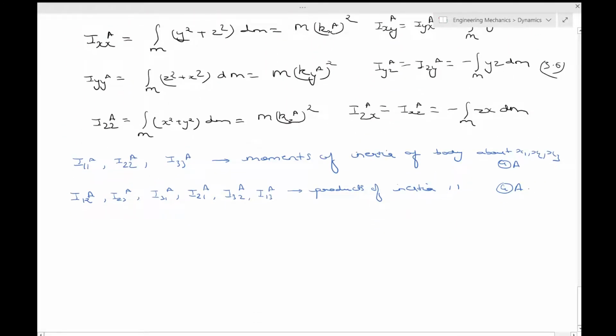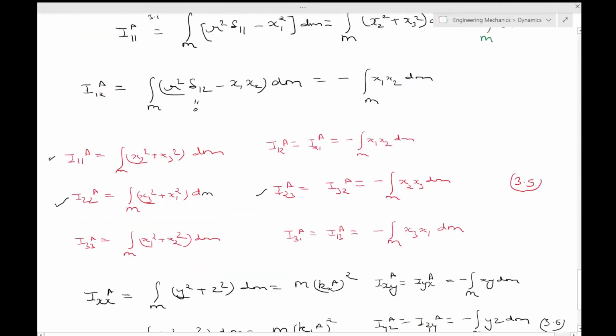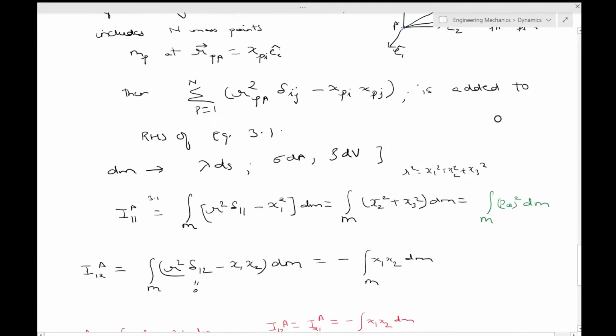Okay. Similarly, if you have n mass points, we discussed this briefly, but we didn't actually write them over here.